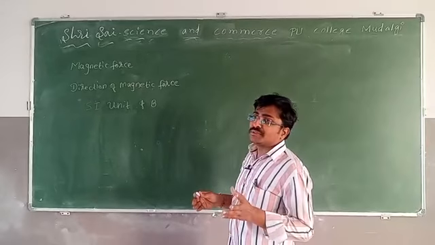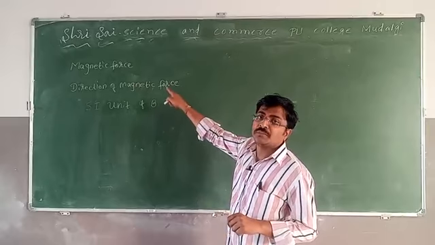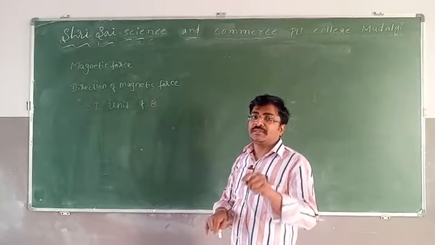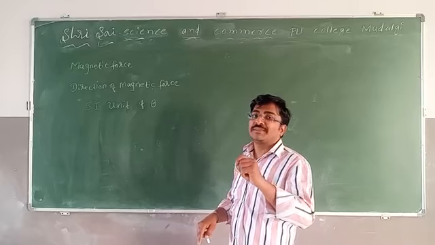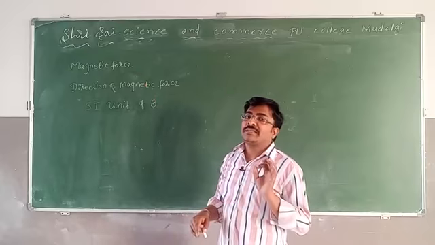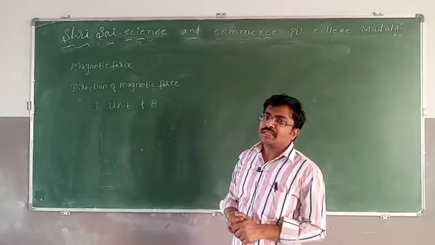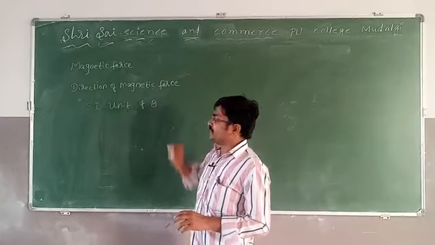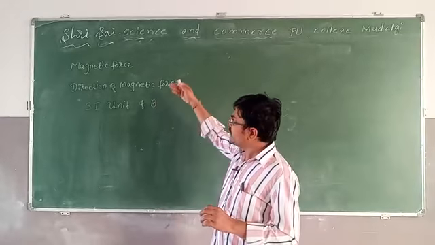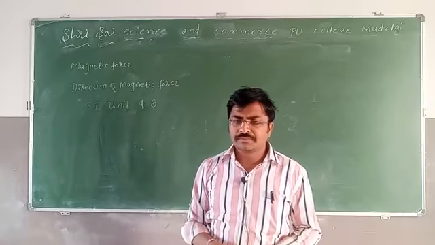Along with this, can we define the magnetic field strength with the help of magnetic force? We can. Finally, we are going to discuss the SI unit of the magnetic field strength, that is B, the magnetic field. These three topics we are going to cover in this class.